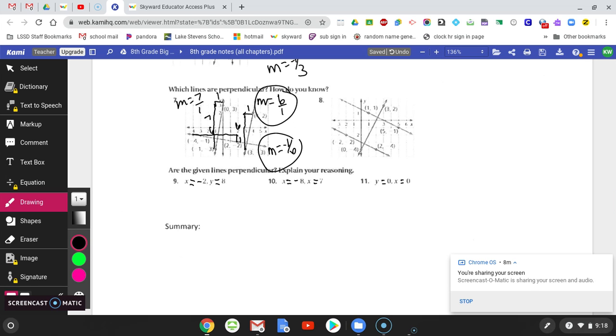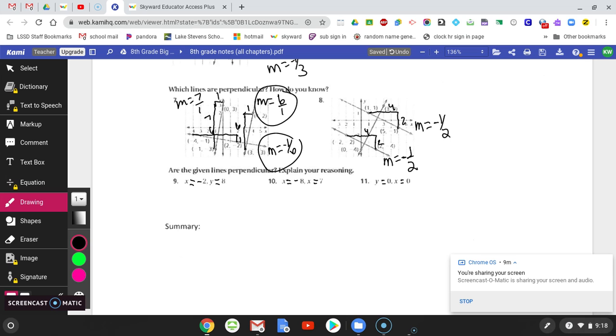And number 8. I'm going up 1, 2, and over 1, 2, 3, 4. So that means my slope is 2 over 4, which is 1/2, and it is negative. Okay. My next one, I'm going up 1, 2, and over 1, 2, 3, 4. So my slope of this one is 2 over 4, 1/2, and again, it is negative.